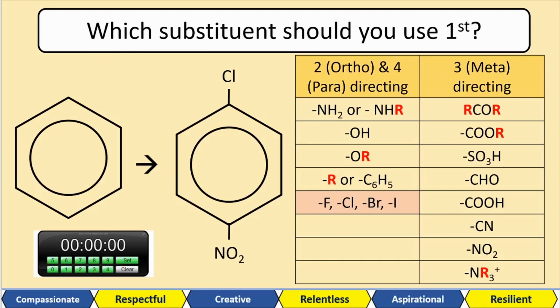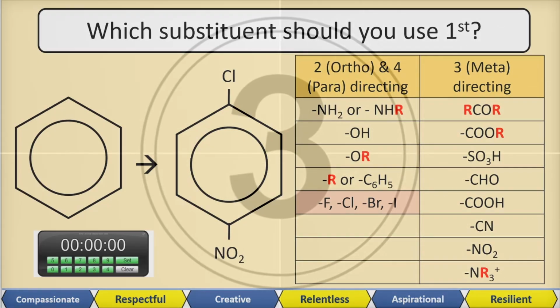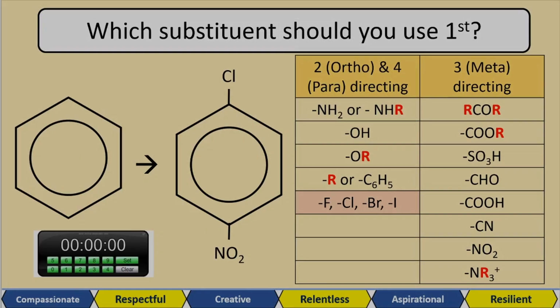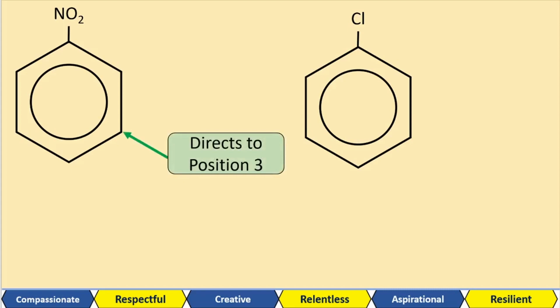Let's look back at our table now. What must have been the first substituent to get this substance? So let's look at this. We could have started off with nitrobenzene, but that directs to the third position.